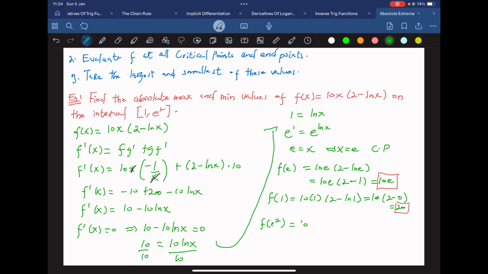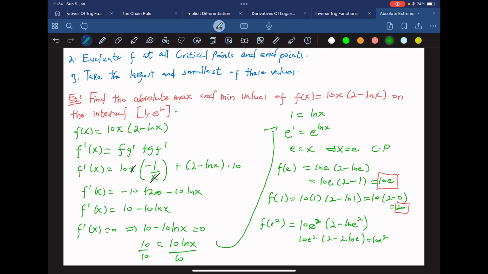So we have 10 e squared, then 2 minus ln of e squared. Remember, ln of e squared can be written as, remember the properties of logarithms, the 2 can come down, so we just have this.